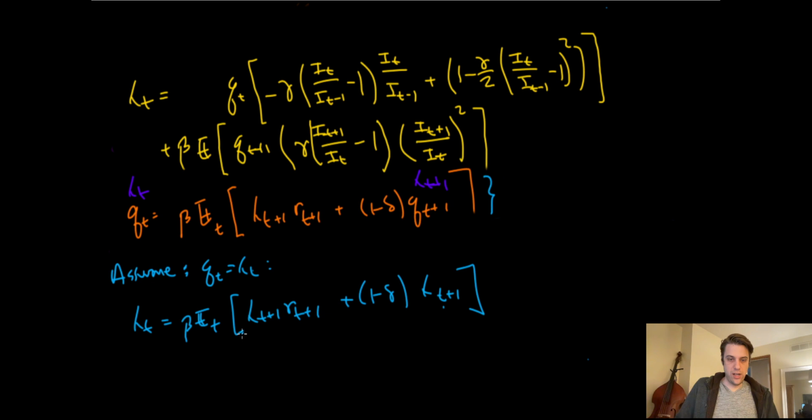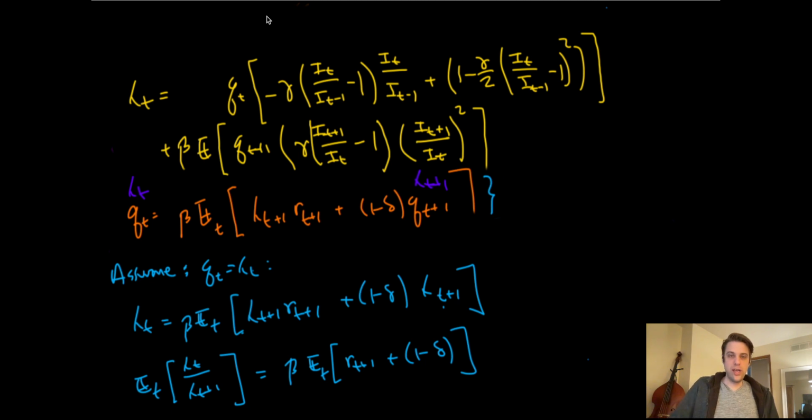And so there's a lambda and a lambda, so I can factor it to the left. So we'll get the expectation of lambda t over lambda t plus 1 equals beta expectation of rt plus 1 plus 1 minus delta.